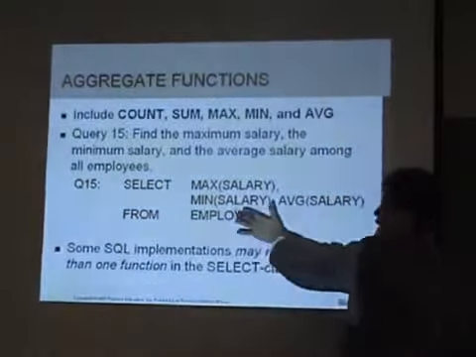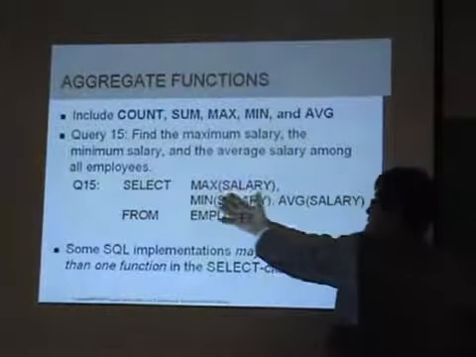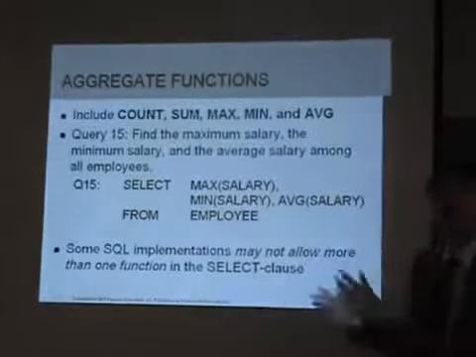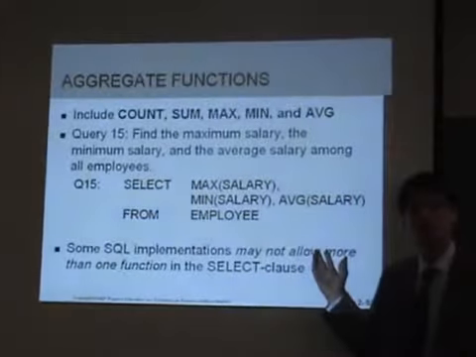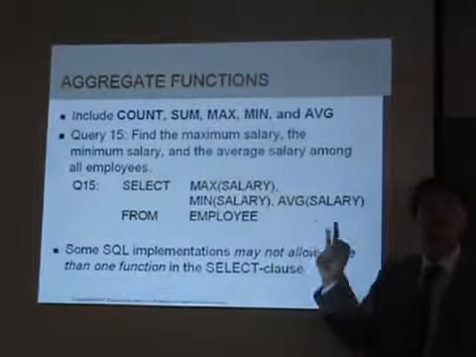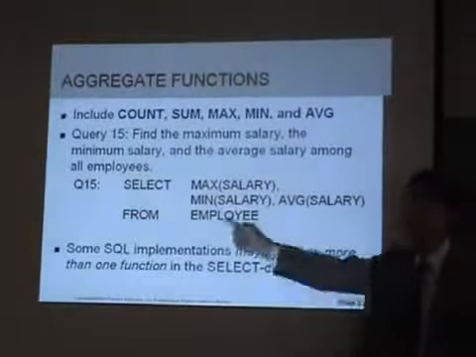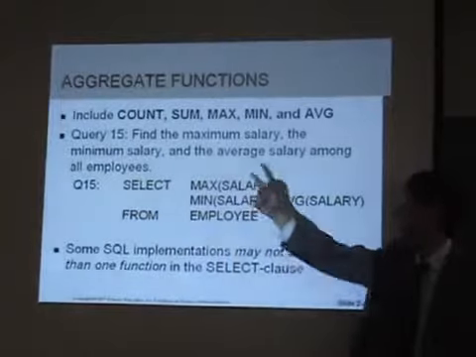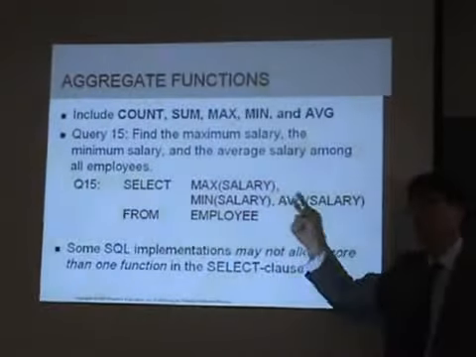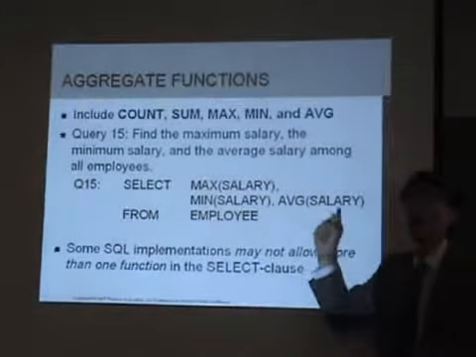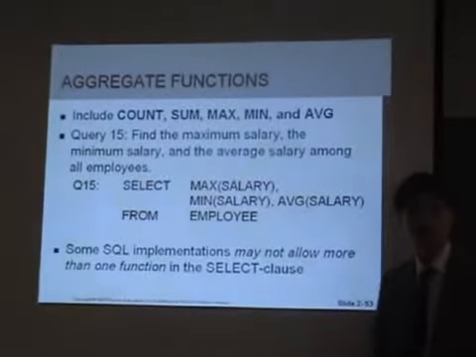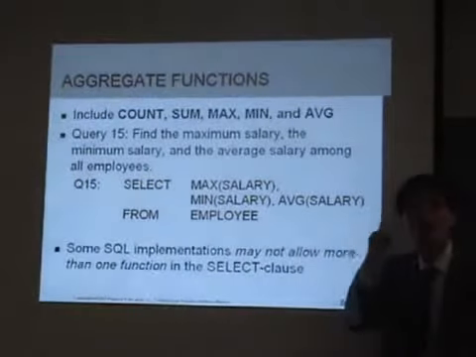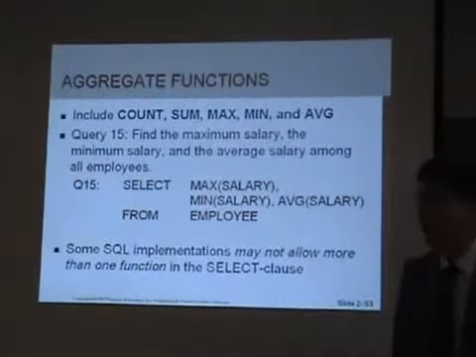From employee we can get the maximum salary, minimum salary, average salary. At this time, how many groups do you have? Only one group. That group is employee. How many tuples will be returned? One, because we have only one group.